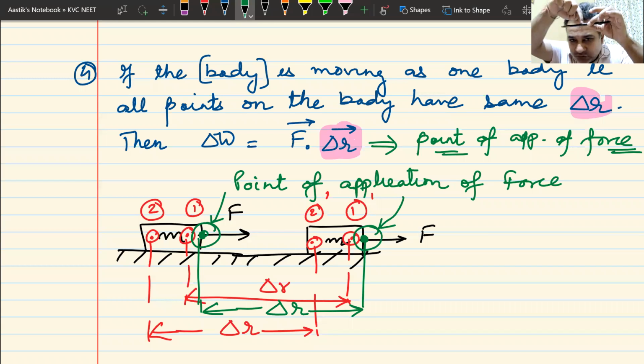You only have to look at the motion of that point where gravity is acting, and you find out how much is the displacement of that point, and you get the work done by gravity, or the work done by any force. For work done by any force, you have to find the displacement of the point of application of force. Do we understand this? Can I have some response that we understand this?